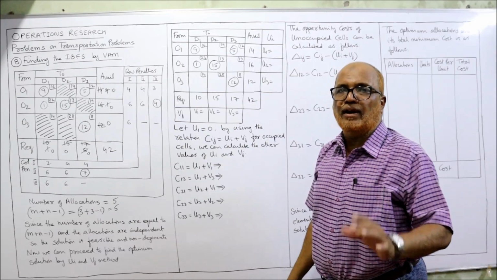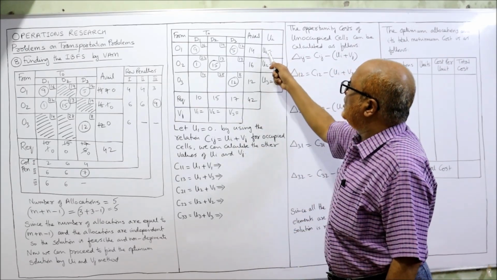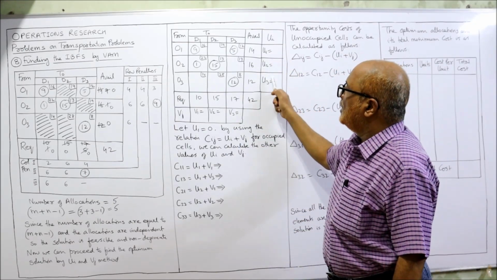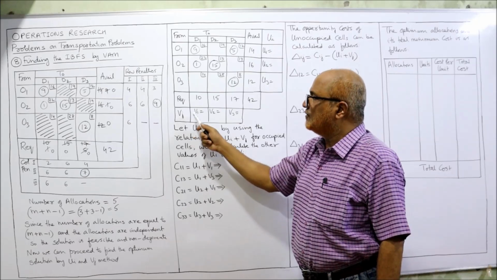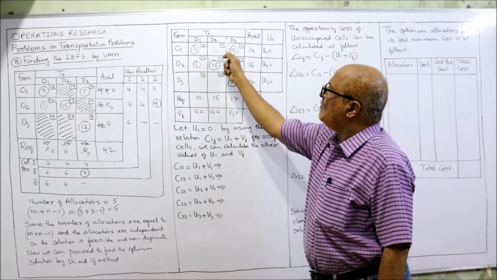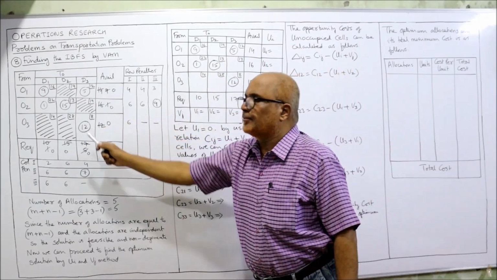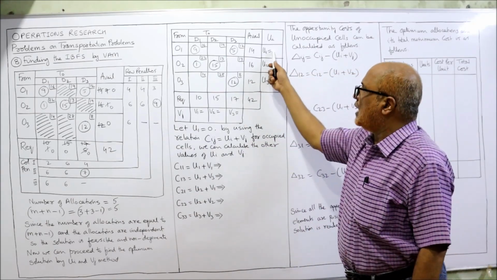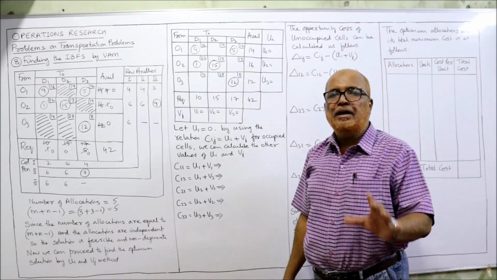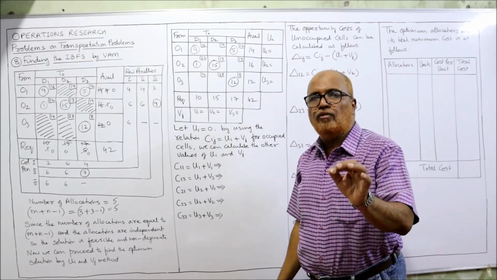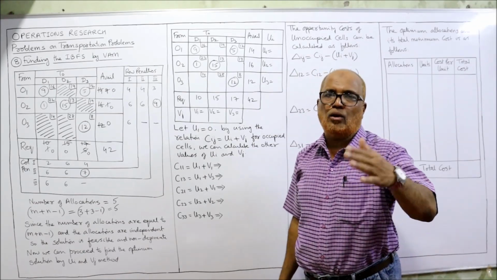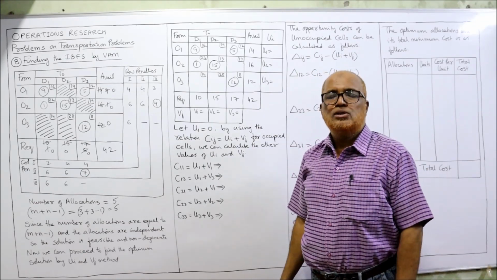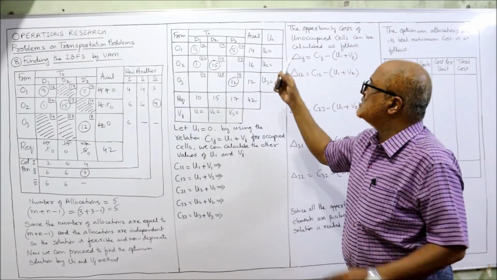These are the allocations we already got here. One column and one row. The column is UI, U1, U2, U3. And the one row, VJ, V1, V2, V3. Other values are same, whatever we have done here, right? Now arbitrarily we can take any U value as 0, either U1 or U2 or U3. So I have arbitrarily taken U1 is equal to 0.